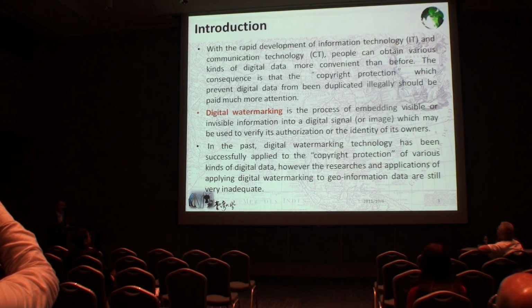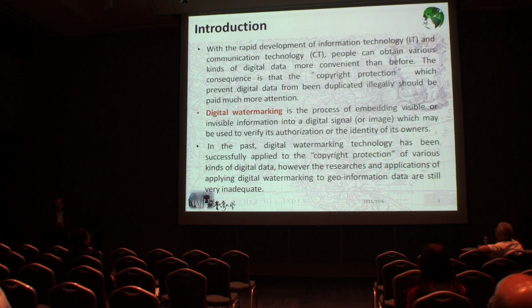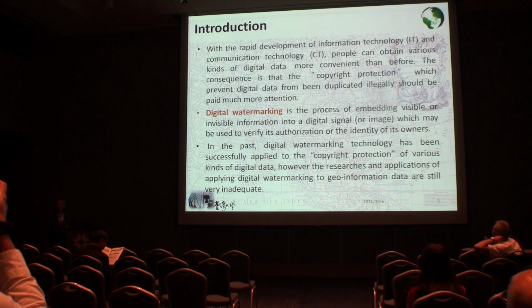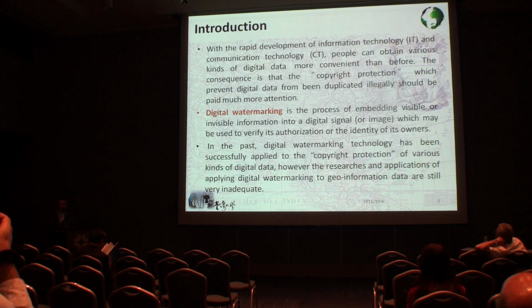Because of the development of information and communication technology, people can obtain digital data much more easily than before. So you can get many different kinds of spatial information via the internet or digital media. So an important issue is that copyright protection should be paid attention to, because some people may duplicate the image illegally, which is not expected by the producer of the image.